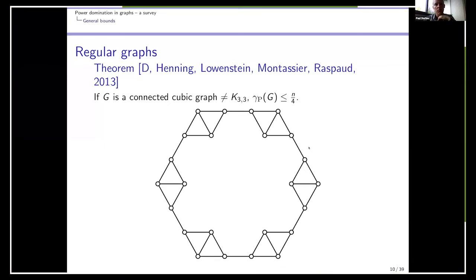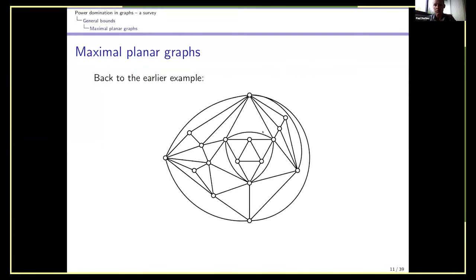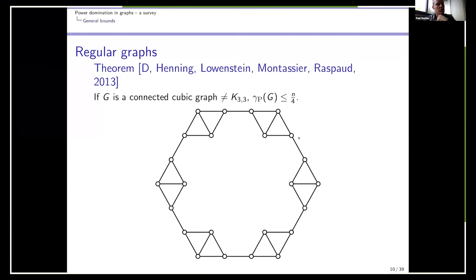Okay, so this is a bound for cubic graphs, and we had some conjecture on regular graphs with a larger degree, but it revealed to be false. Things are not simple; we cannot extend this proof to regular graphs with a degree different than 3.